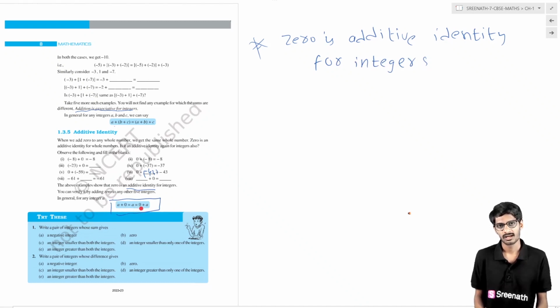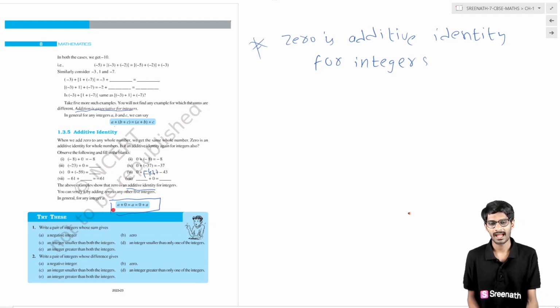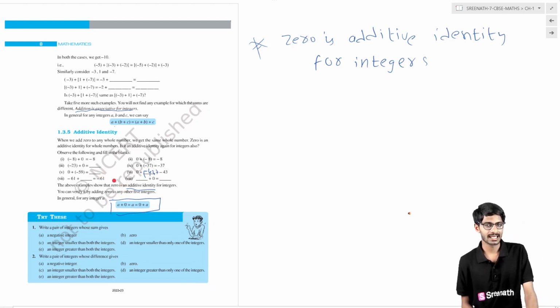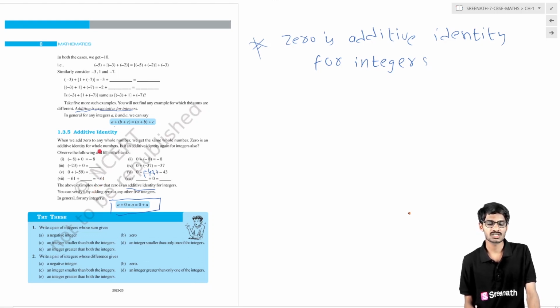If you add 0 to a, that is also equal to a. If anything follows this rule, then we call it an additive identity. Basically here 0 is the additive identity, because if you add anything to 0, the result will be that same thing, or if you add 0 to anything, the result will be that same thing. So that's why 0 is the additive identity.